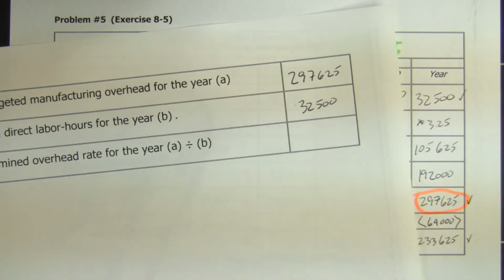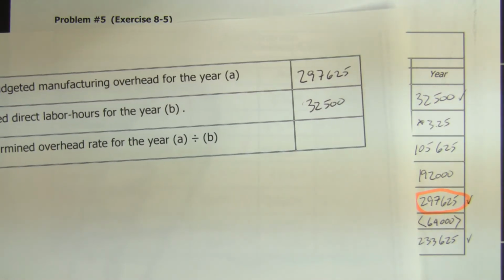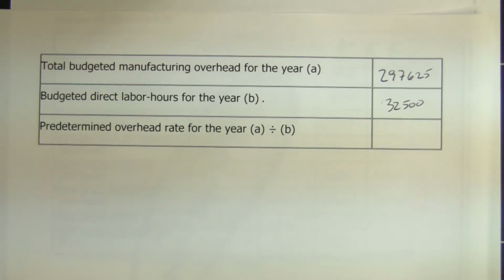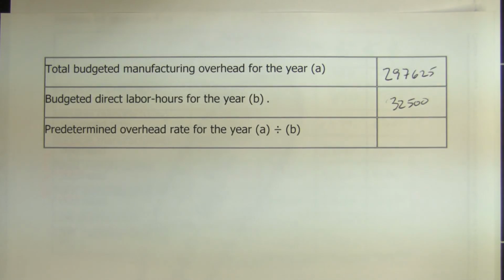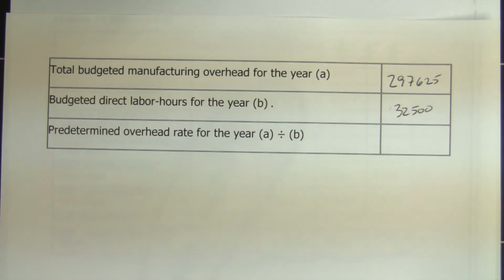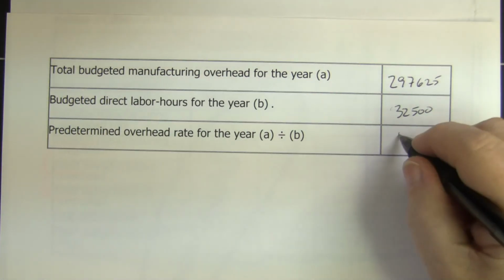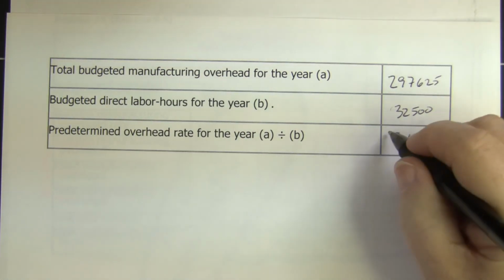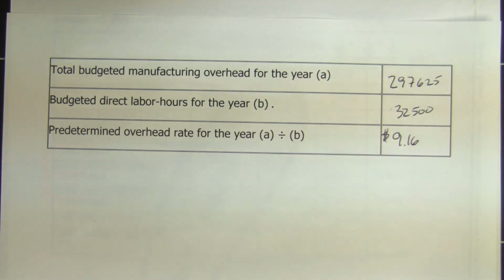And when you take 297,625 and divide it by 32,500, you come up with a rate of $9.16 an hour, rounded off to the nearest cent, taking out the tenths and hundredths of a penny.